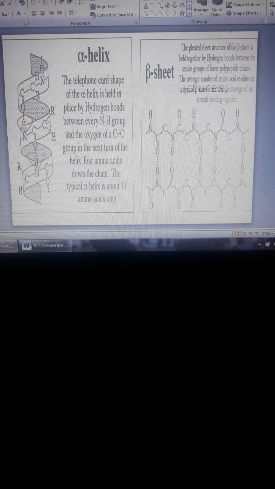When you say alpha helix, it is the telephone cord shape, held by hydrogen bonding, hydrogen-nitrogen bonding, and a group of carbon to oxygen, the carboxyl group. So this is bonding between the hydrogen and the carboxyl group, with the next turn of the helix four amino acids down the chain.